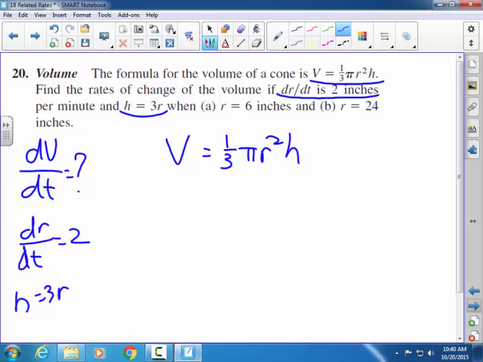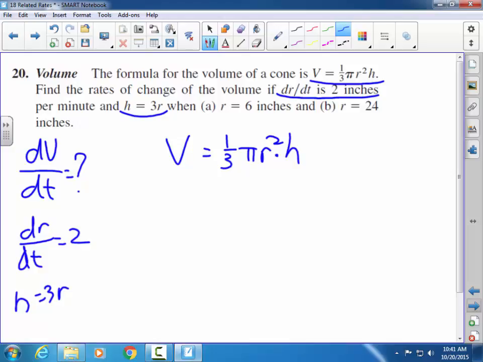You can, and that's what we want to do, because we've got 2 variables, r and h, that are being multiplied. How do we take a derivative when we have 2 things that are being multiplied? Product rule. First times the derivative of second, plus second times the derivative of first.